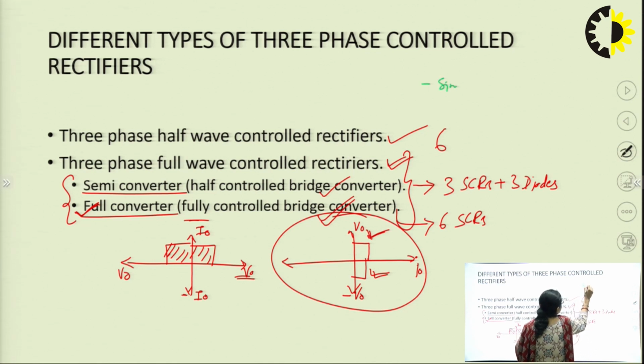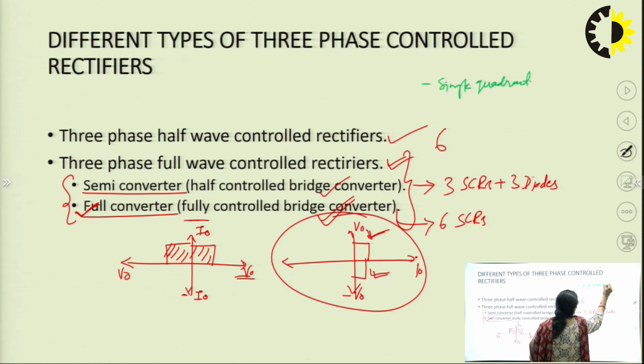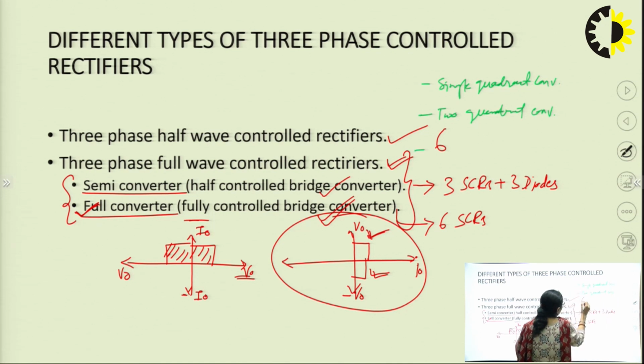So, as per this classification, I can classify these converters as single quadrant converter, I can have two quadrant converter, and I can have four quadrant converter.